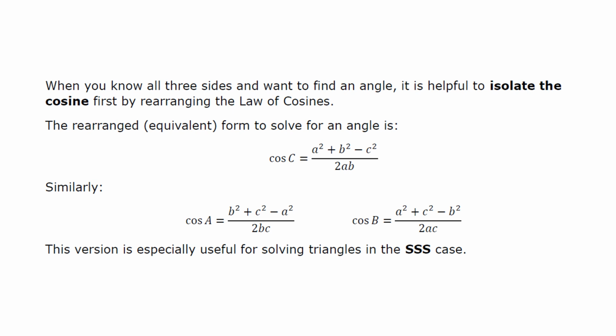Since the capital letters are the angles, we would want the trig function and the angle on the left-hand side and all other terms on the right-hand side. So rearranging, we get cosine C equals a squared plus b squared minus c squared divided by 2ab. And then similarly, we get the following two formulas for cosine A and cosine B.